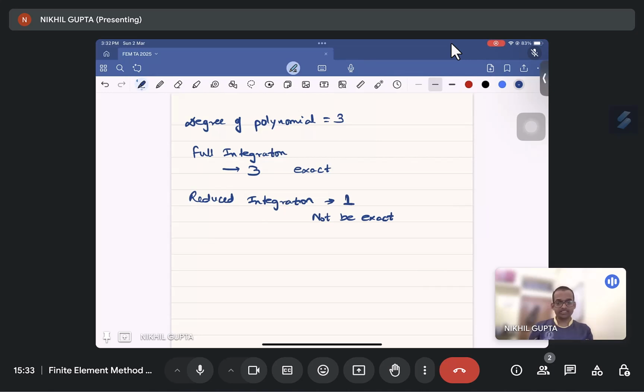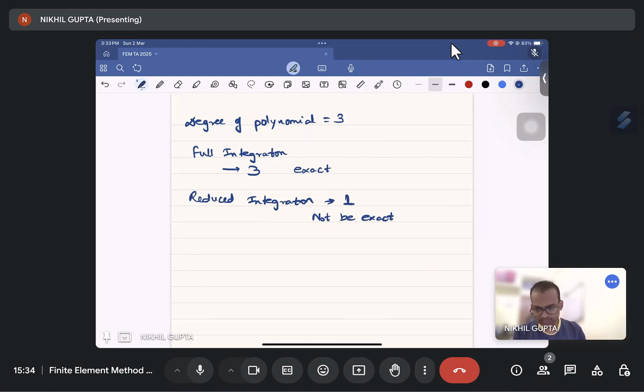So it depends on how accurate a solution we want. In certain cases, we reduce the full integration to a reduced integration and we still get very little error. So why not do a trade-off between the computational cost and the error? By increasing the number of Gauss points at which the integration is performed, the error is not reducing that much, so why not reduce the computational cost? That's why reduced integration is being used. And the second advantage of this, I'll tell you later.